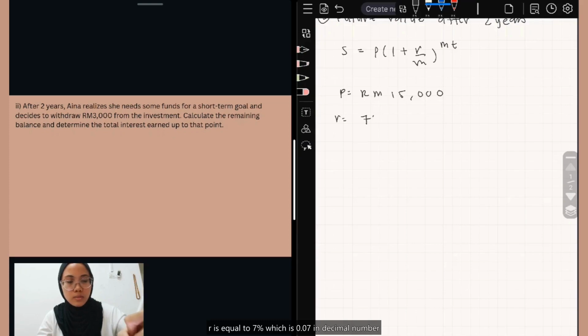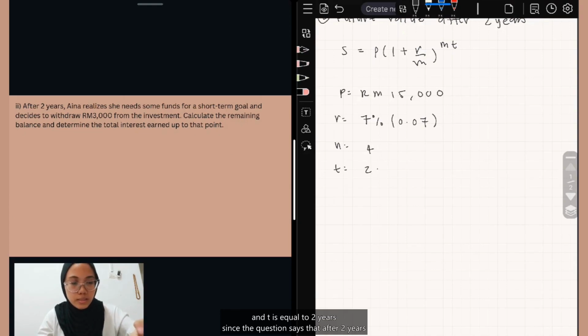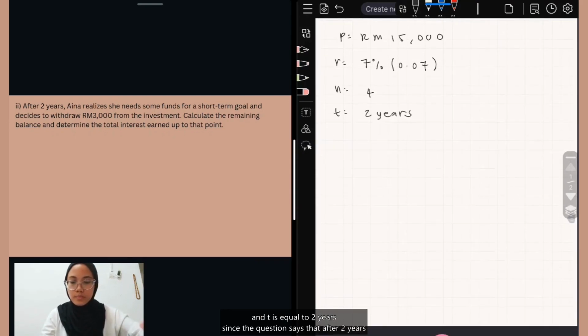R is equal to 7%, which is 0.07 in decimal. M is equal to 4 because it's compounded quarterly. And T is equal to 2 years, since the question says after 2 years.